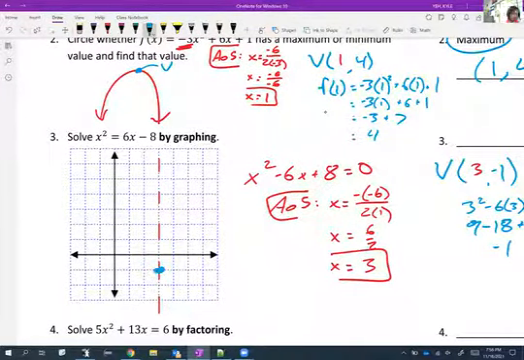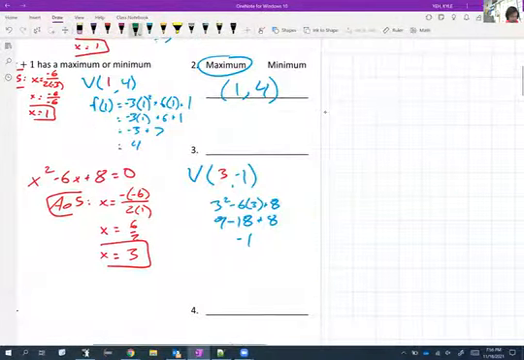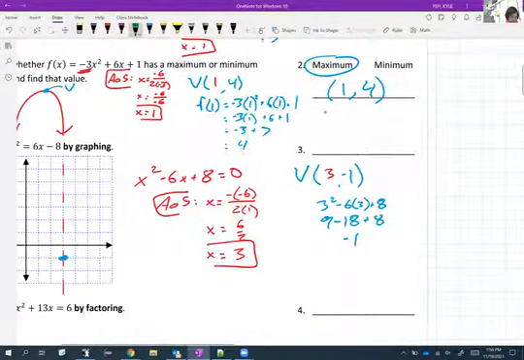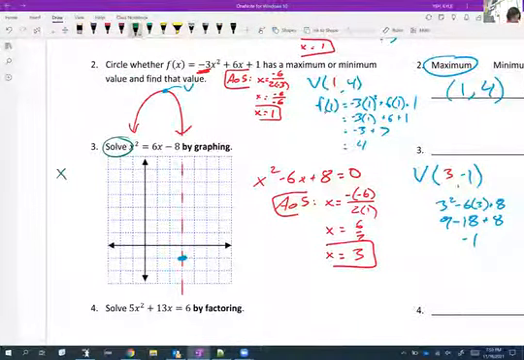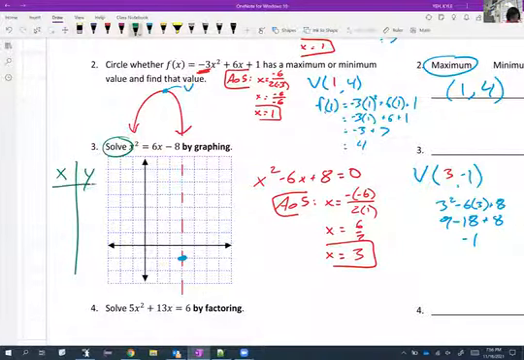Now it says solve, and solve, remember, means find where we hit the x-axis, find the roots. So I'm going to make a table, and I'll go ahead and do this maybe over here so we can see it. I know that 3 comma negative 1 is my vertex. So I'll plug in maybe 4, 2, 1, 5.